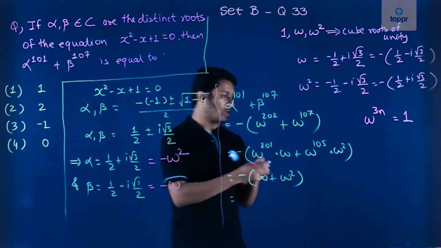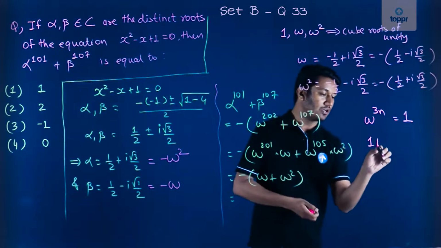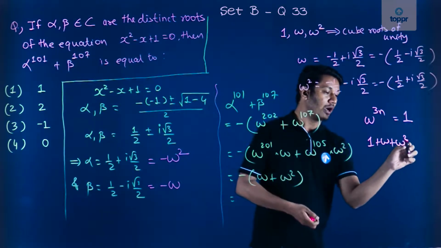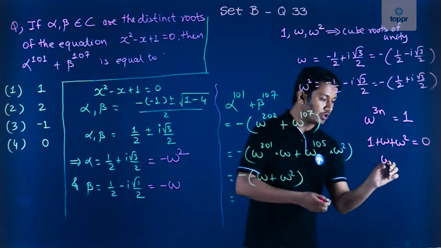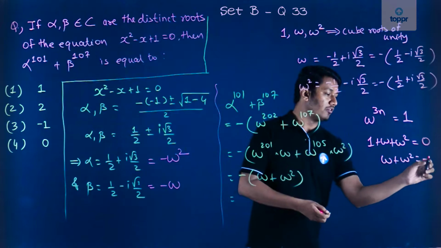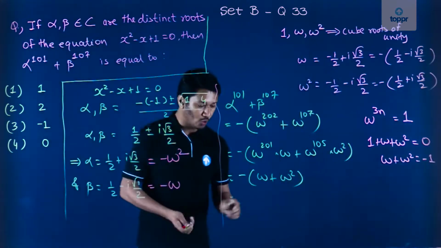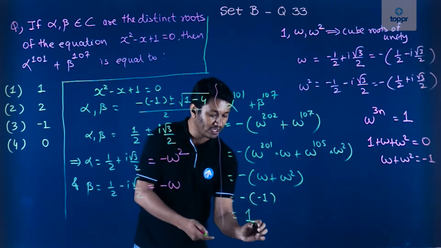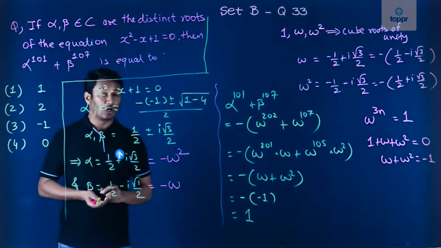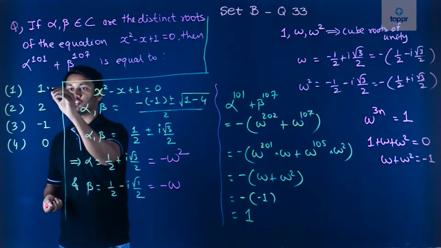Now, there is one more interesting property which says that the sum of cube roots of unity, 1 plus omega plus omega square, is always 0. So omega plus omega square will be equal to minus 1. So what do we have here? Minus of this is equal to minus 1. So finally, the value of the expression becomes plus 1, which is option number 1.